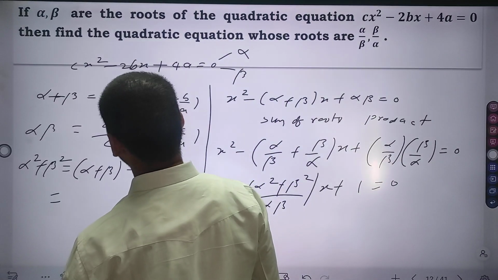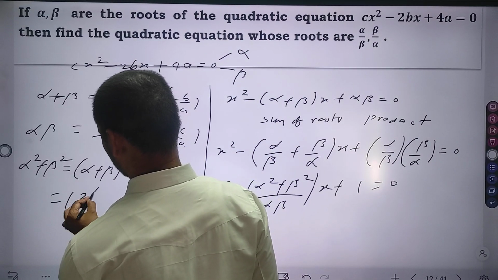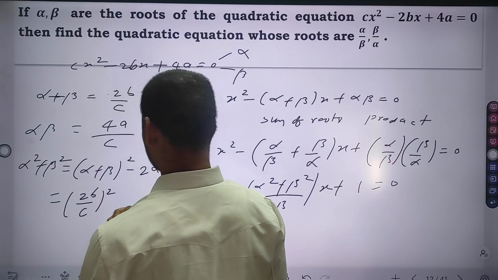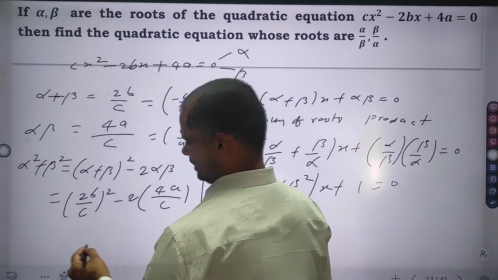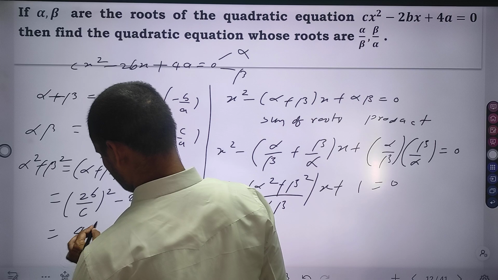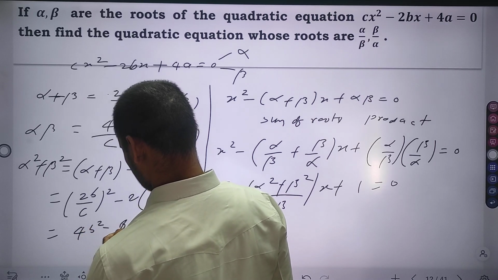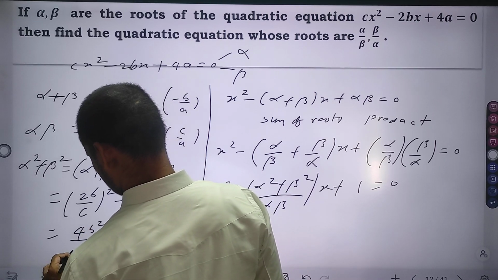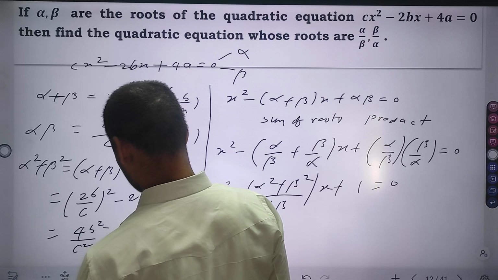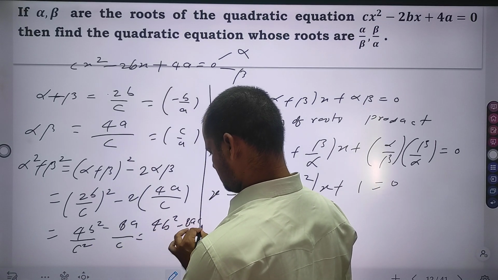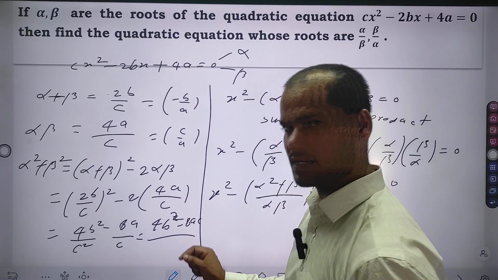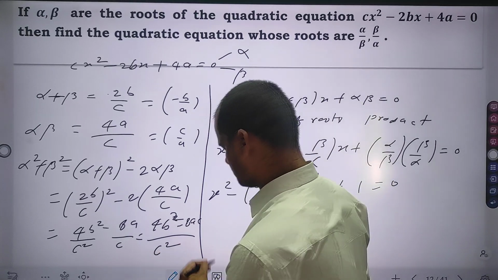Now we put the value of alpha plus beta, this is (2b upon c) raised to 2 minus 2 into 4a upon c, and this will become 4b square minus 8ac upon c square.